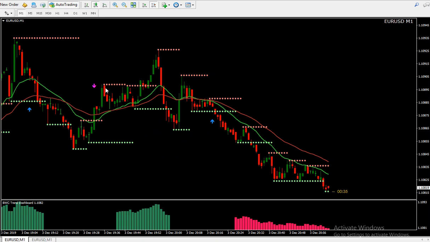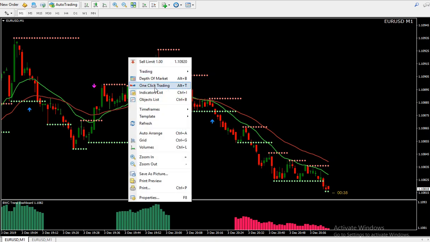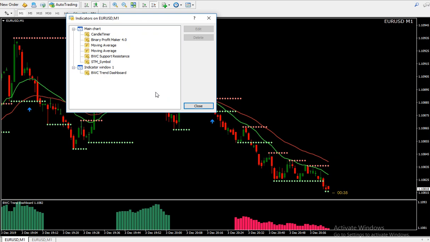So these are the indicators you have for Binary Profit Maker. This is a custom-made indicator. Of course, the others are things you can pick from online.